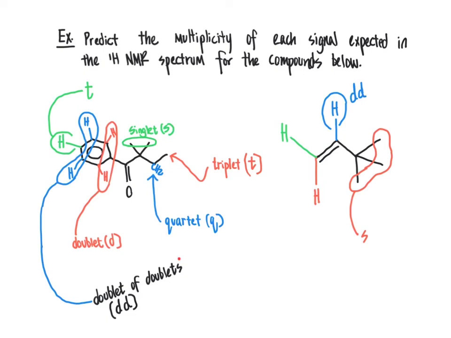That would be analogous to what we saw with the aromatic ring over here, where we had a doublet of doublets as well. So that will be a doublet of doublets at the blue proton.